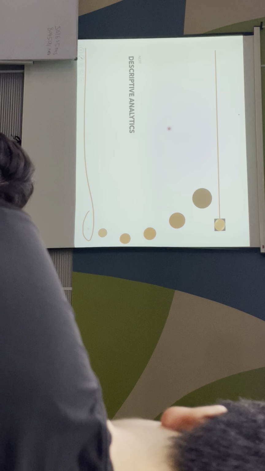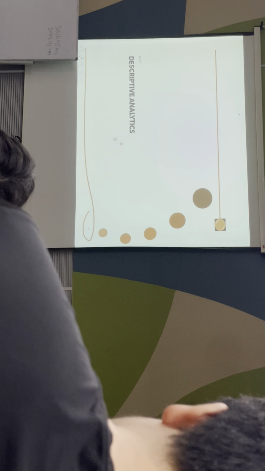We have data and then we need to analyze our data. Descriptive comes from the word description. That means you have your data and you want to describe your data. How do you describe your data? For example, if you provide a statistical summary or you provide the interpretation of your data set, that is under descriptive analytics.